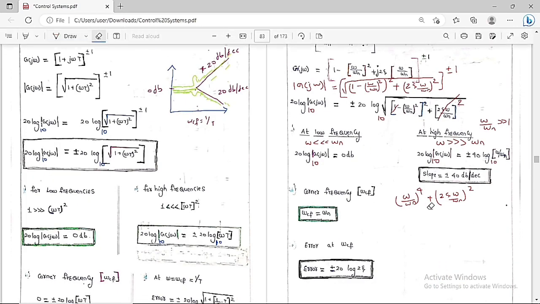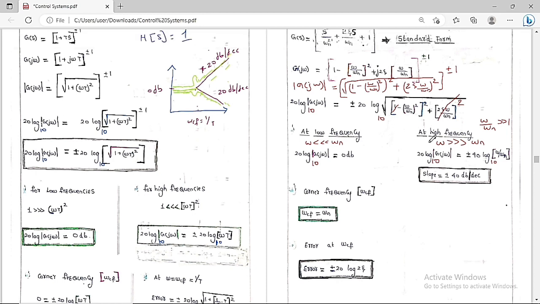Therefore, what is the corner frequency? Corner frequency is the frequency at which these two graphs intersect. So what is the frequency? 0 dB is equal to plus or minus 40 log base 10 of omega by omega n.